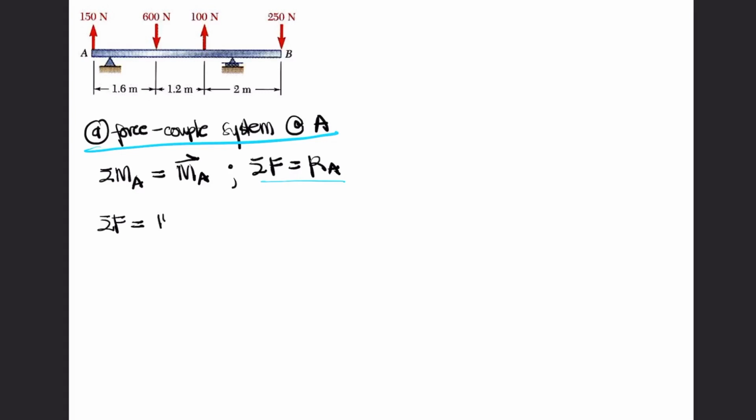So, positive 150 plus minus 600 plus 100 minus 250, or the resultant force is equal to negative 600 newtons.